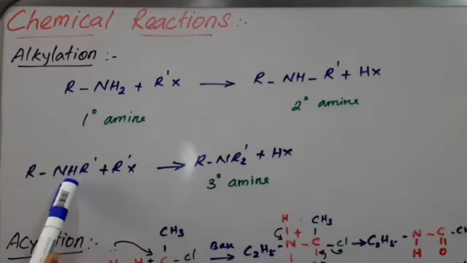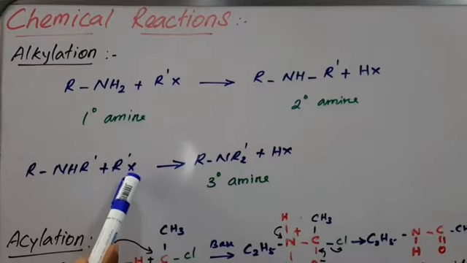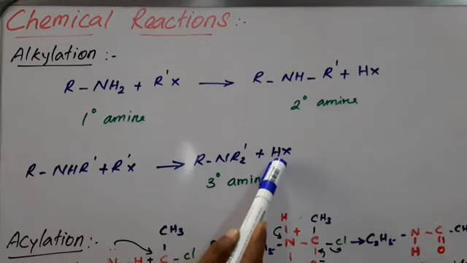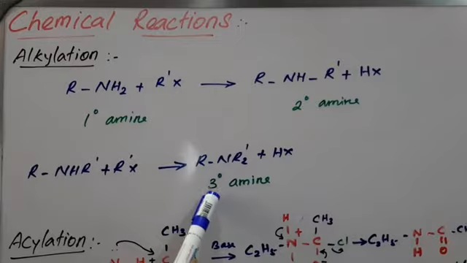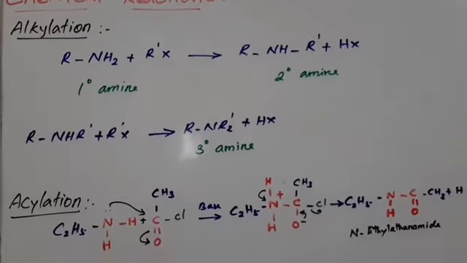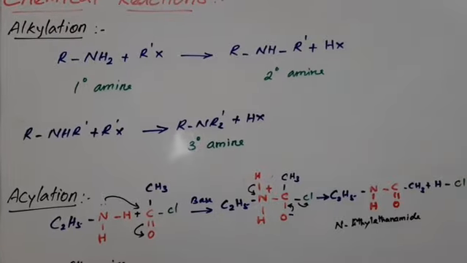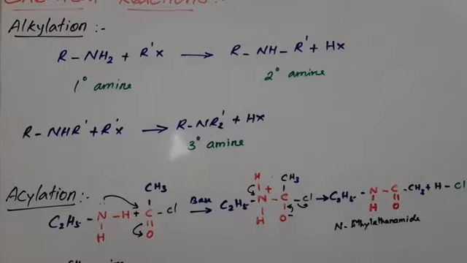The hydrogen atom from the secondary amine goes with the halogen as HX, and we get the tertiary amine. This is the alkylation reaction: primary and secondary amines react with alkyl halide to form secondary and tertiary amines.